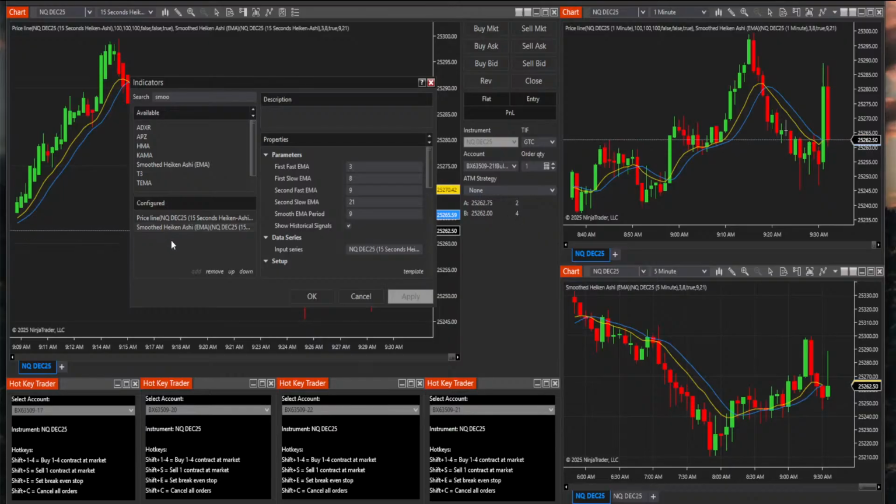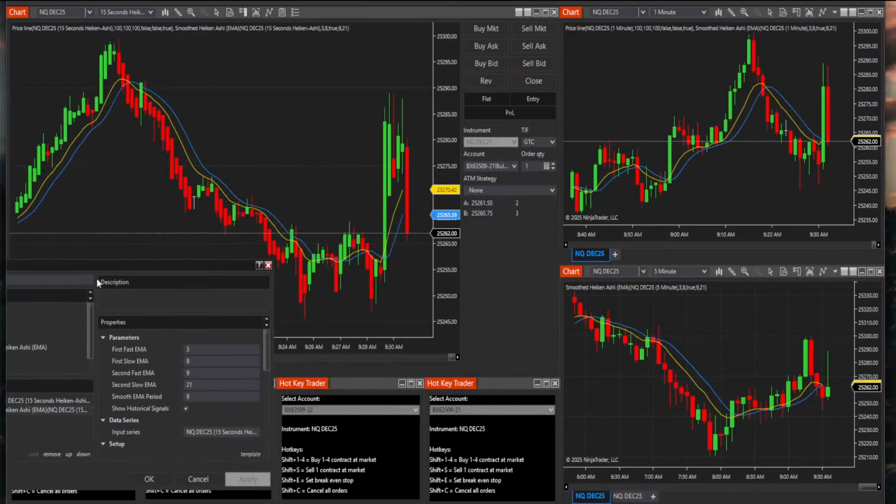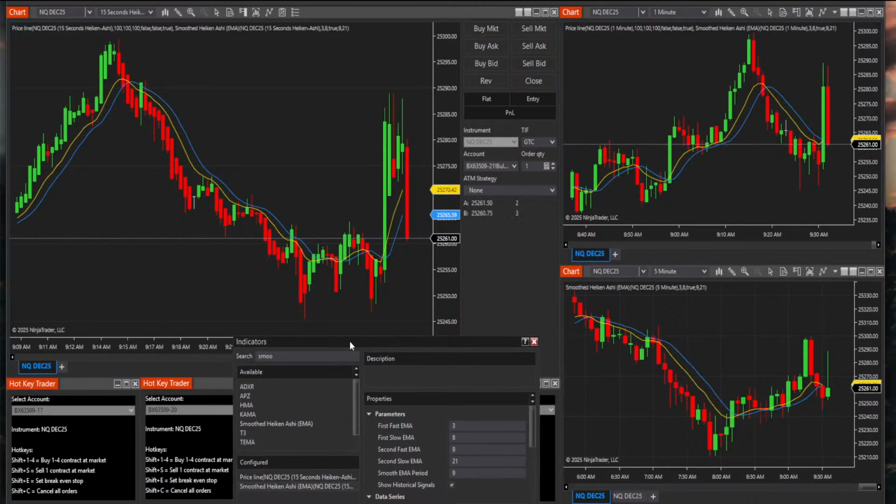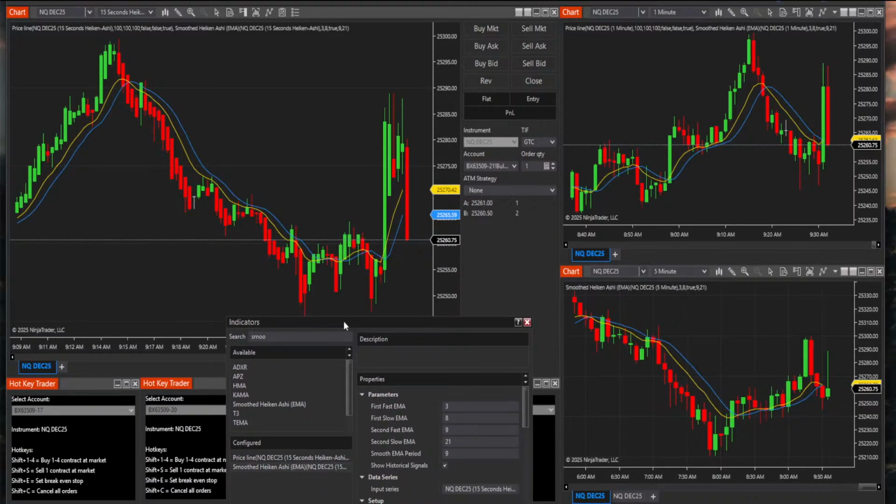I read some research papers on some of the institutions that have these high frequency trading algos and also the regular trading algos.